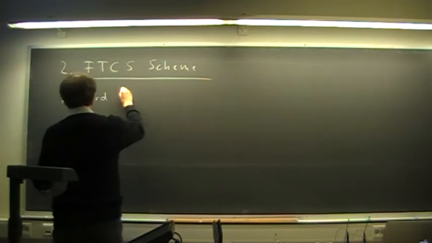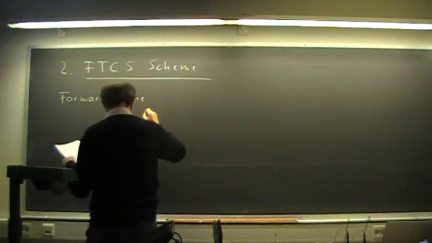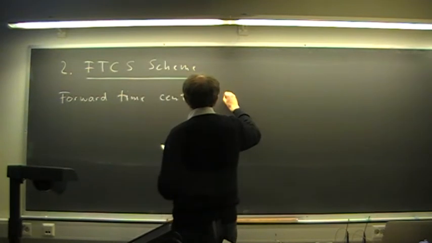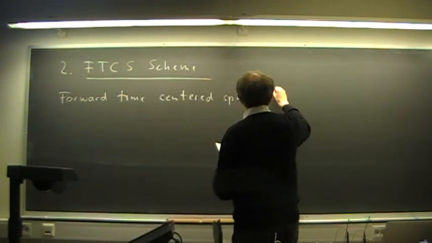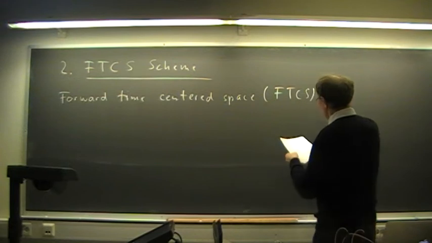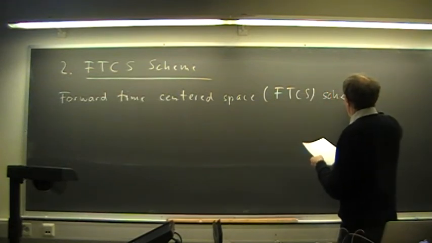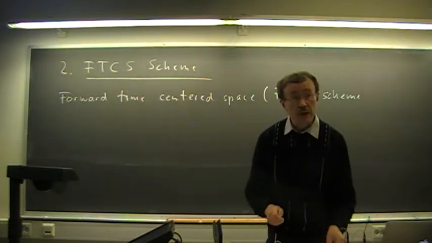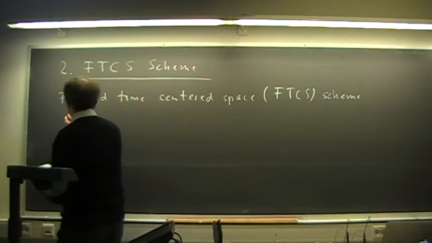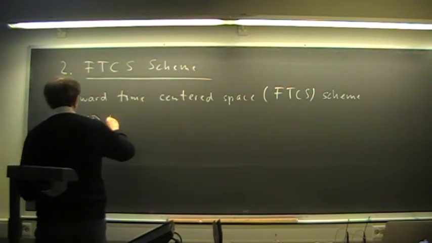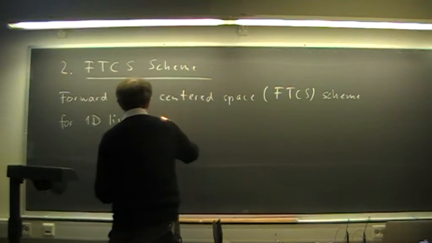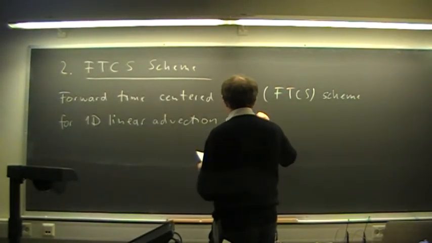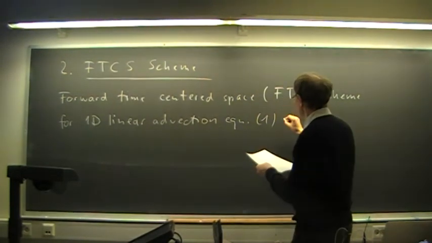So that's the forward time centered space, FTCS scheme, now applied to the 1D linear advection equation, equation 1 that we saw at the beginning.